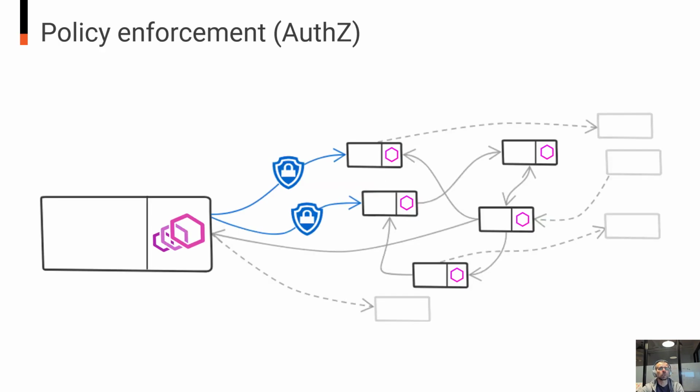Moving to security and aspects of security. So service mesh allows you to set up certificates for every service. And this certificate, in Envoy we use SPIFFE, includes the identity of the service.